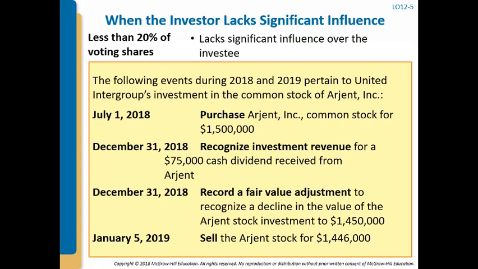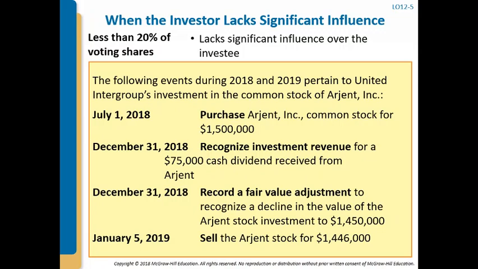On December 31, what they also have to do is record a fair value adjustment, adjusting up and down for any increases in the value of the Argent stock, or in this case, a decline in the value of the Argent stock.